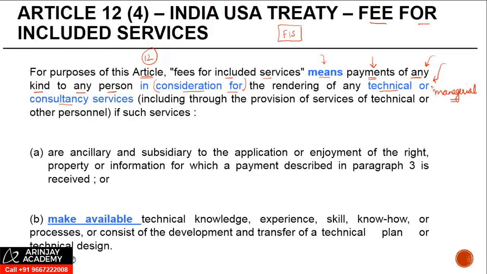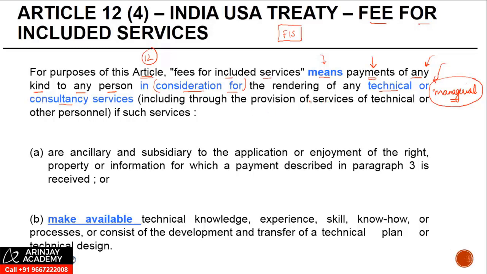All these three are alternate, and all three are found in every treaty relating to the definition of FTS. But under the Indian-US treaty, the term managerial services is not included, which means if a US resident provides managerial services to an Indian company, these will not be covered under FIS, right?